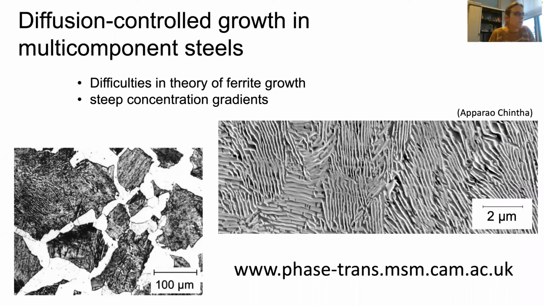The problem involves diffusion theory and applies to transformations that are reconstructive in nature. So, for example, the formation of allotriomorphic ferrite, which is illustrated on the left, and the pearlite, which is illustrated on the right. You can find more details about this on my website as usual.